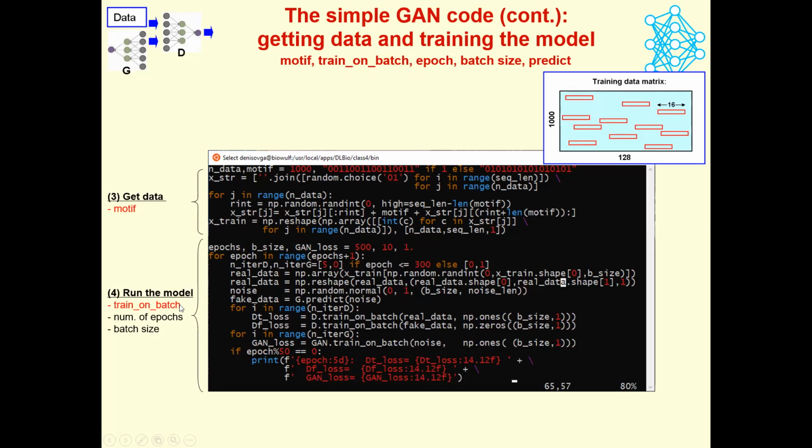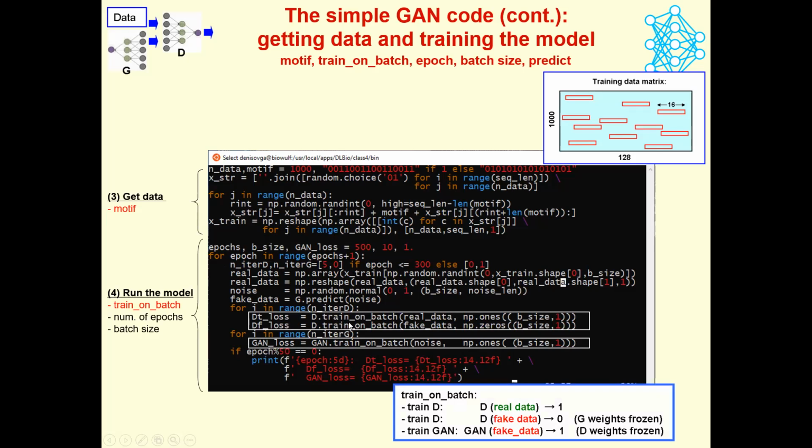Then we perform training of the model on this data. The training runs for a number of epochs, and we run through all epochs. For training, we use a function train on batch. This is a new kind of method that we did not use in the previous classes.